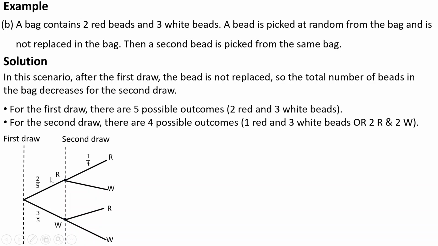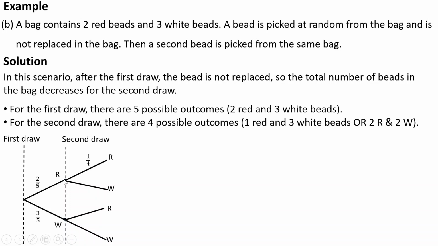Because if the first bead which was picked was red and was not replaced, then the number of red beads remains 1. And also the total number of beads, which was 5, reduces to 4, since the first one which was red wasn't replaced.